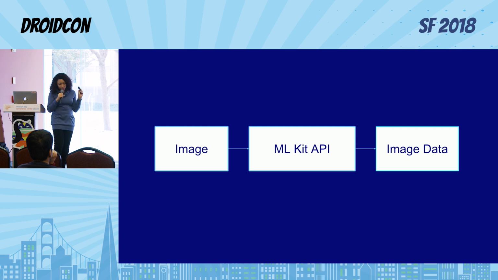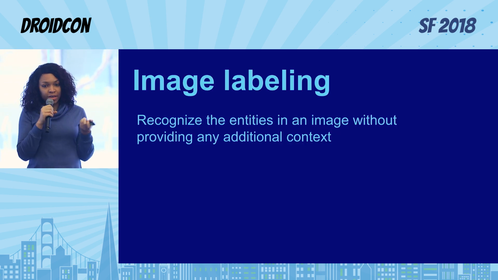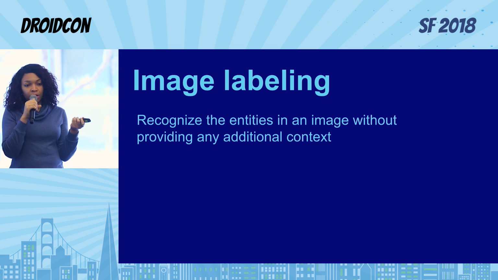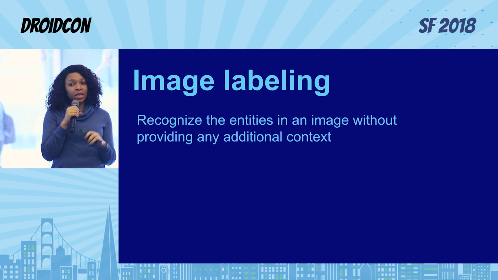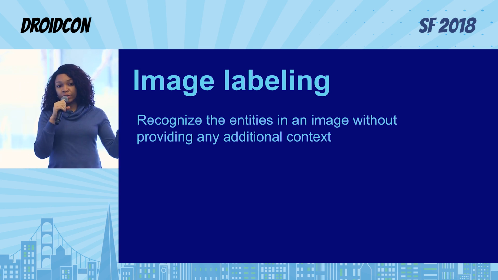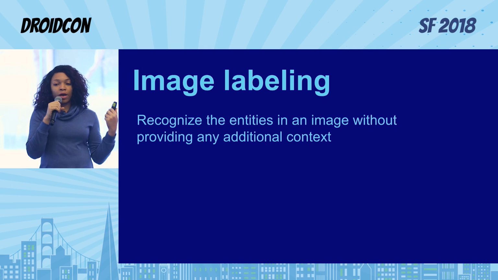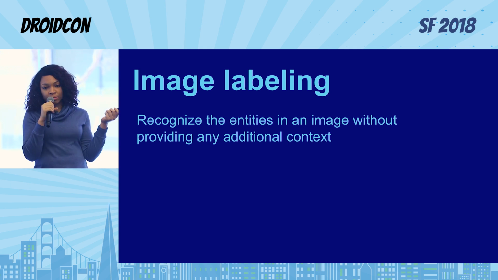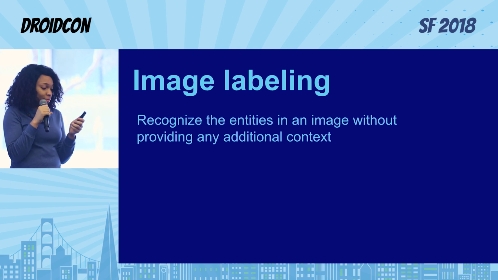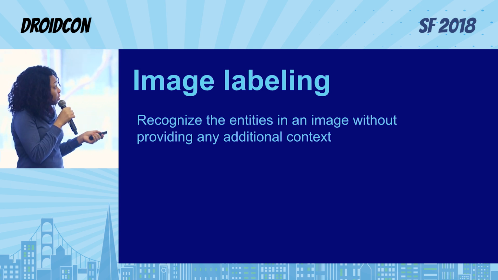Just like the name says, it is used to recognize entities in an image without providing additional context. That means I can send in an image without saying anything about the image, and the ML Kit API would spit out labels for my image. So let's see how that works. We see this image here.